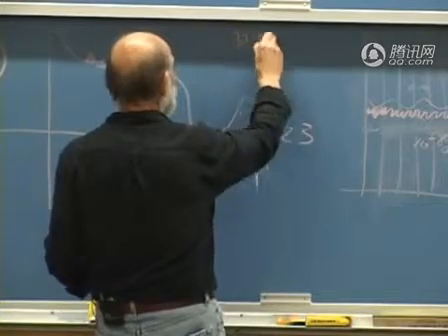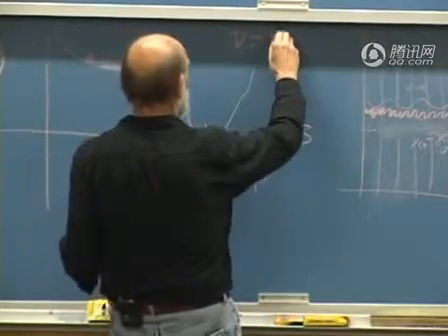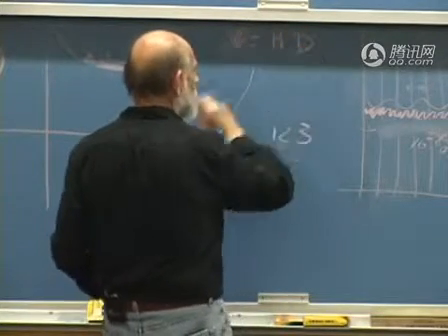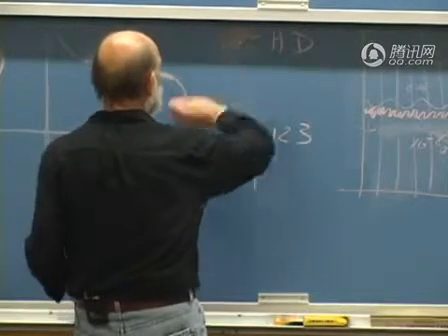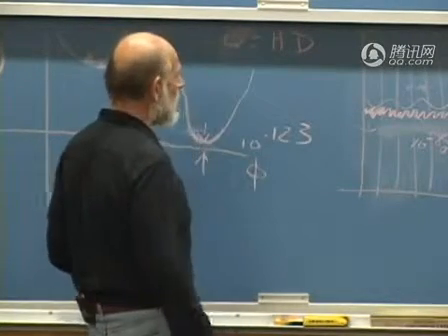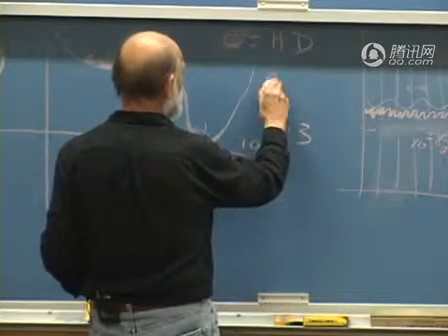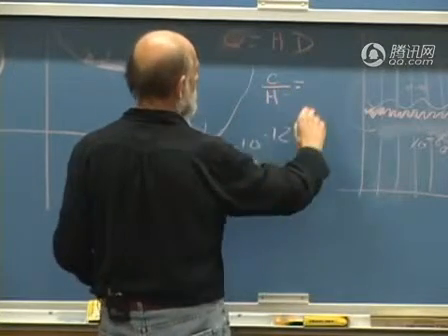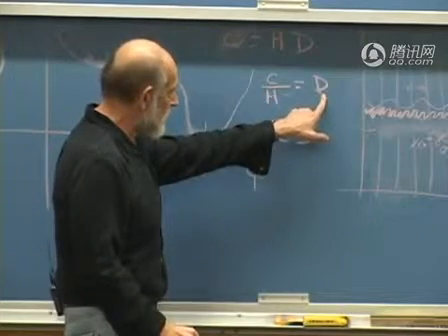Velocity is equal to Hubble times distance. The distance at which the velocity is the speed of light is called the horizon, and that distance, therefore, is the speed of light divided by the Hubble constant. That's the distance to the horizon.